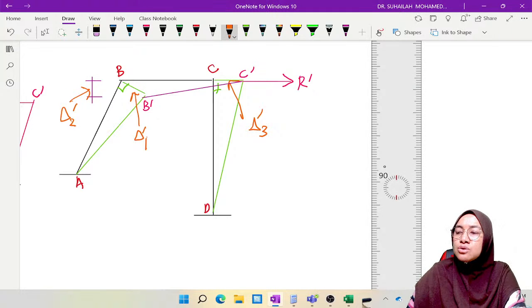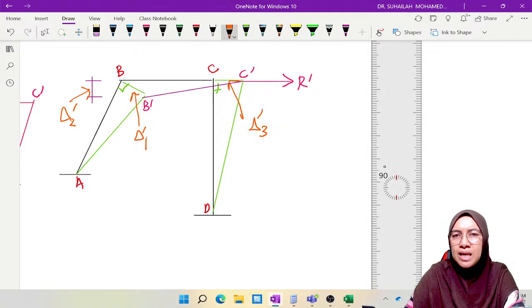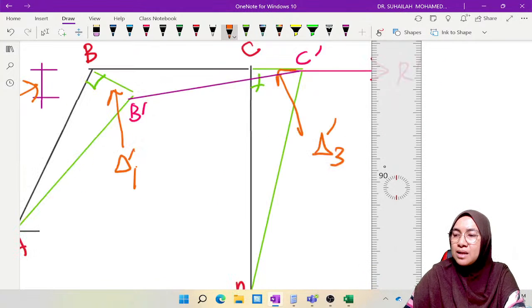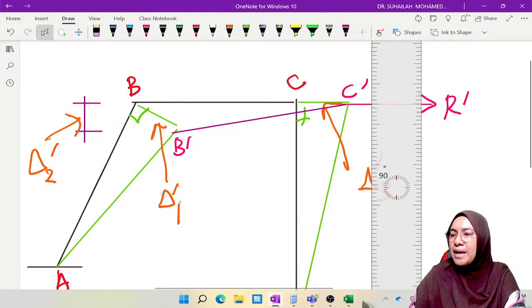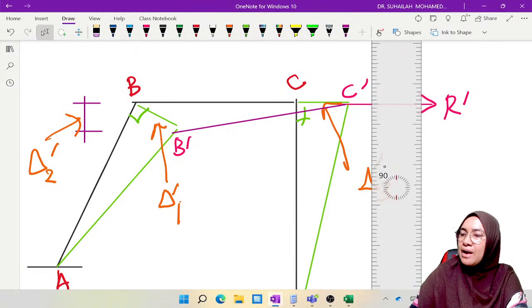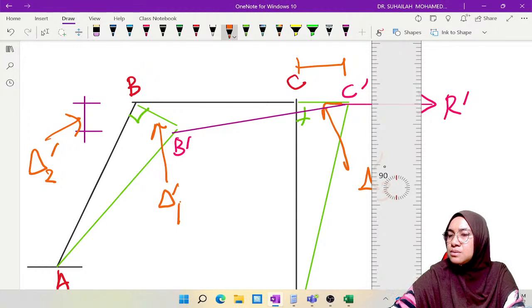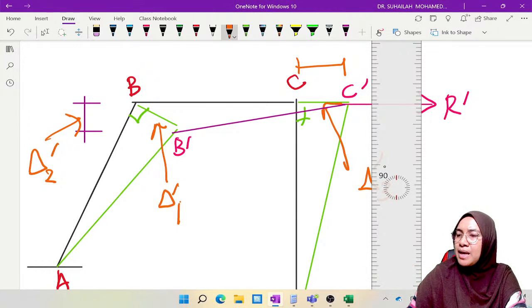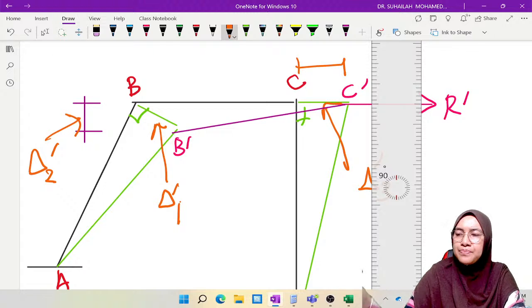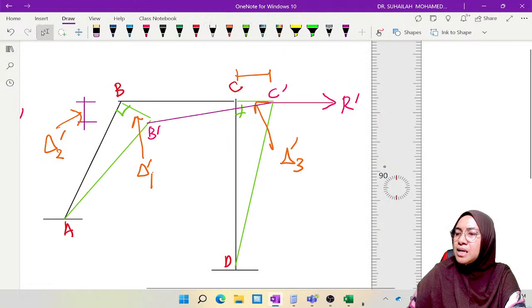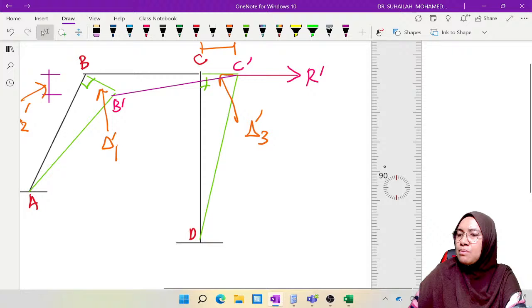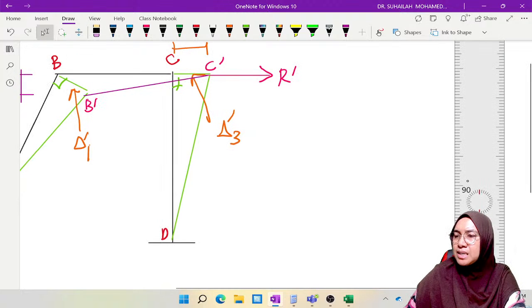Okay, so we combine these three: delta 1, delta 2 and delta 3. When we combine these three, we have this distance, as well as B to B prime. So we get this.